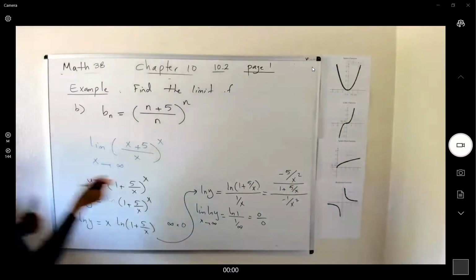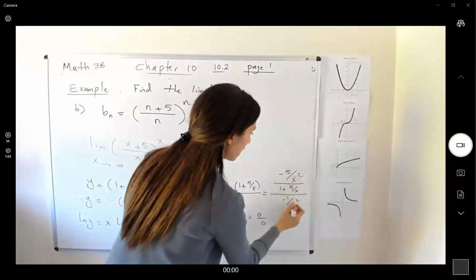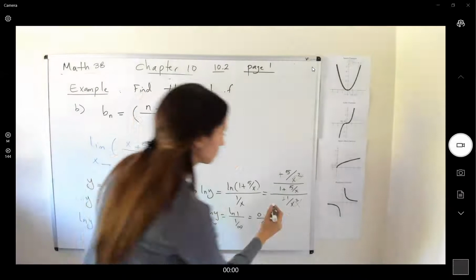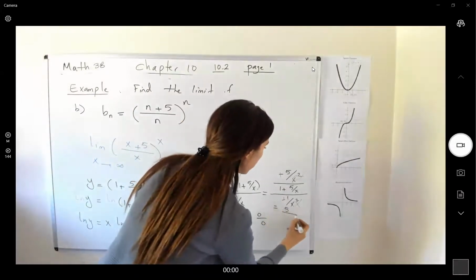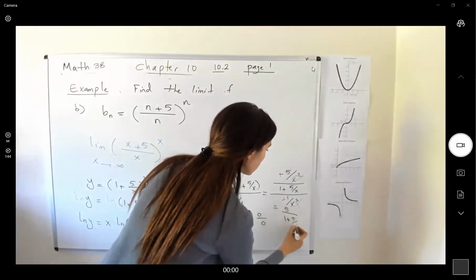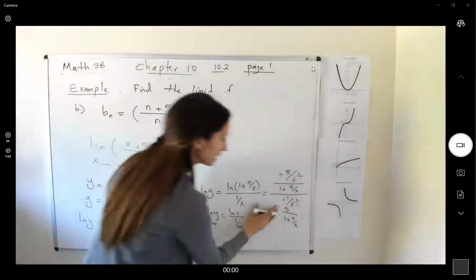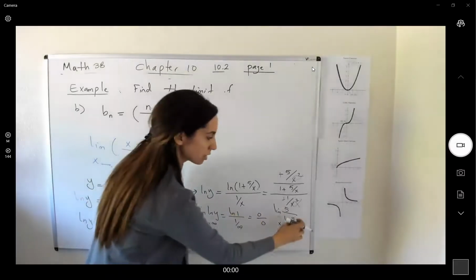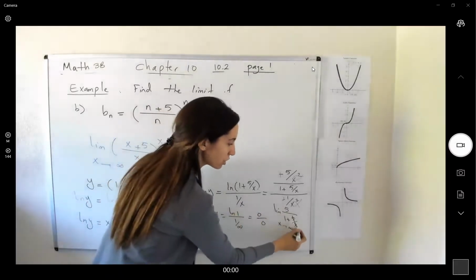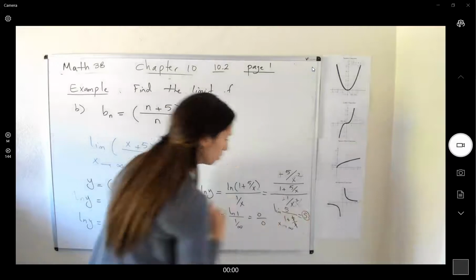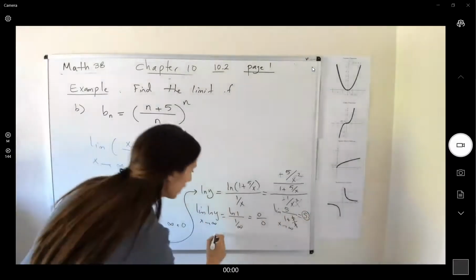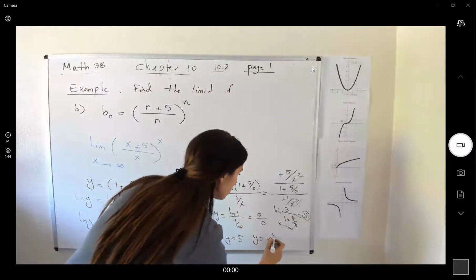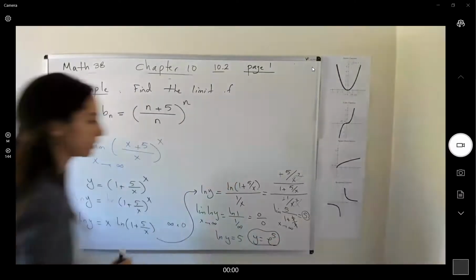Very well. I can cancel out x squared, and I get 5 divided by (1 plus 5 over x). If you take this limit as x goes to infinity, this is 5 over infinity, which is 0. This is equal to 5. So ln of y is equal to 5. y is e to the 5th power.